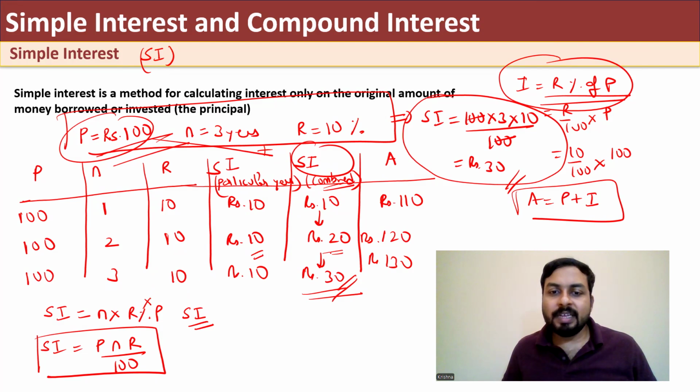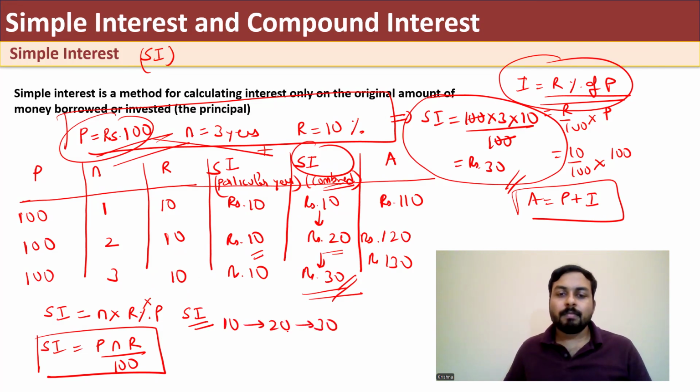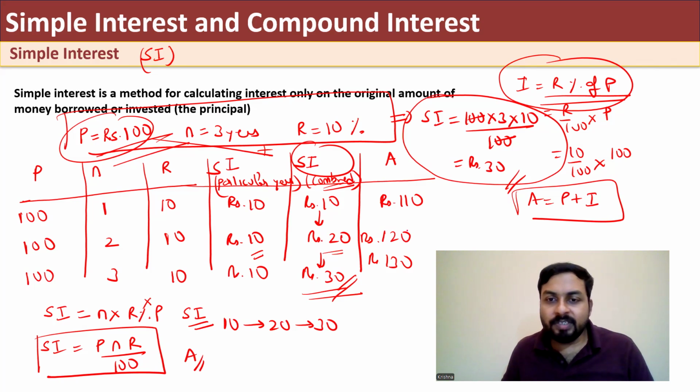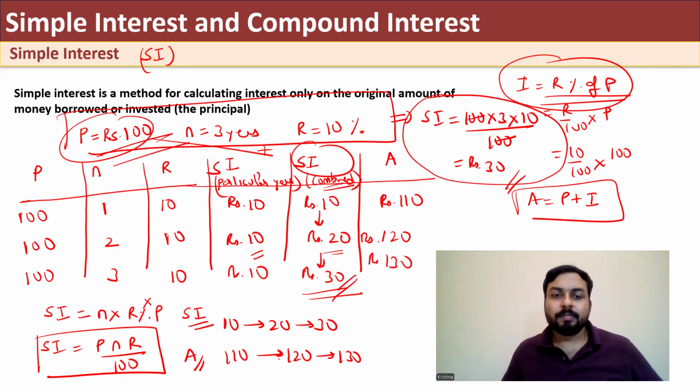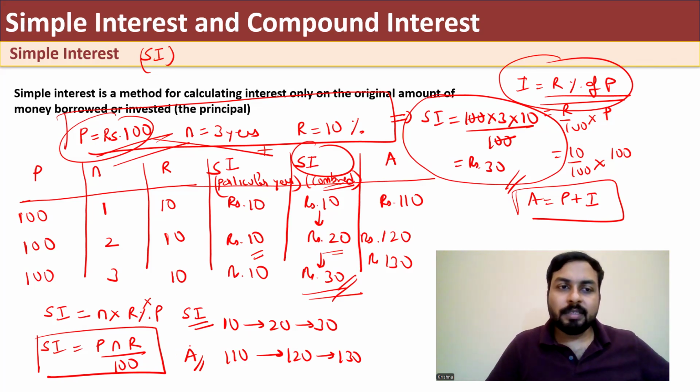First year it was 10 rupees, then second year 20, then third year 30. And also you see that the amount is also in arithmetic progression. First year it was 110, second year 120, third it was 130. So remember that the simple interest and the amounts in the simple interest concept will be in arithmetic progression.